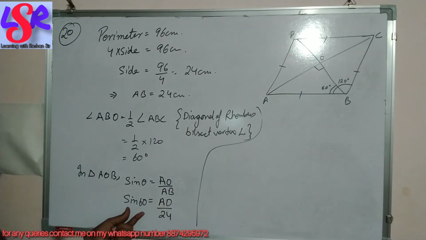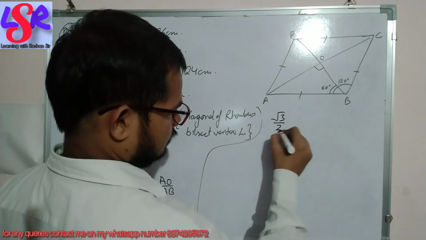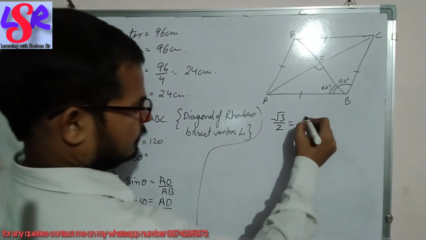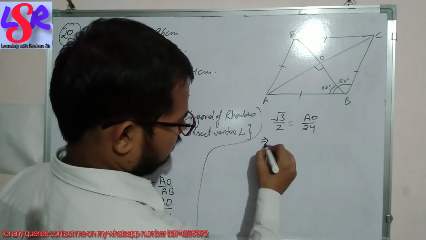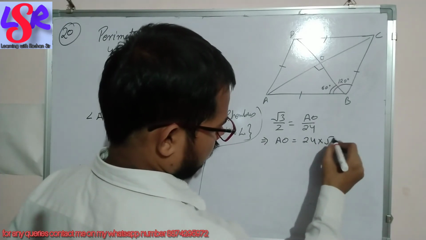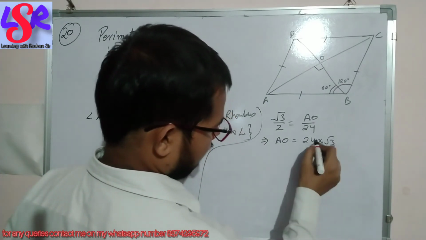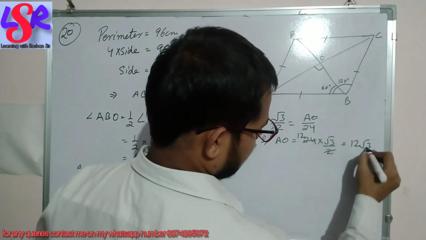The value of sin 60 is root 3 by 2 and AO upon 24, and this will be AO equals to 24 into root 3 by 2. Calculate it, it will be 12 root 3.